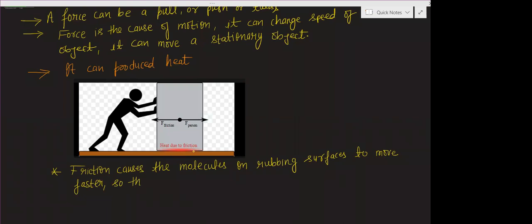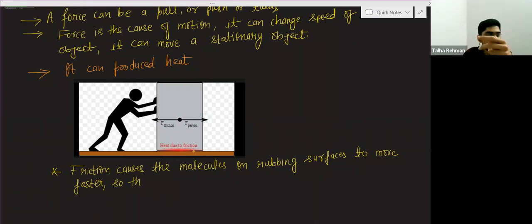Suppose there is one person in a room, and another person in a room. One person is moving slowly, and another person is moving very fast. Which will have more energy? The person who is moving very fast.